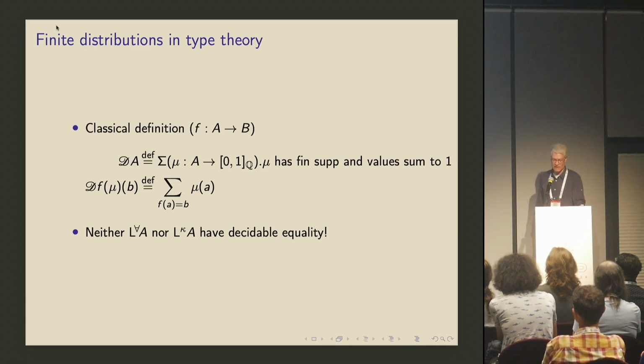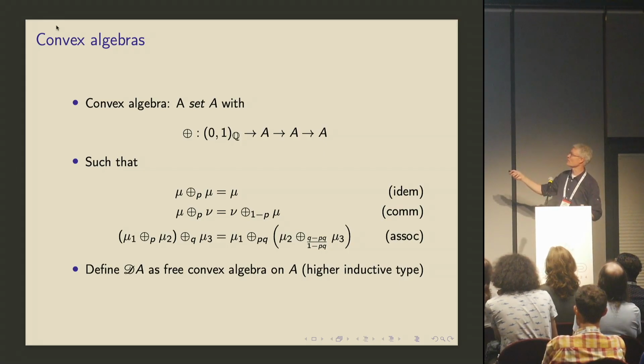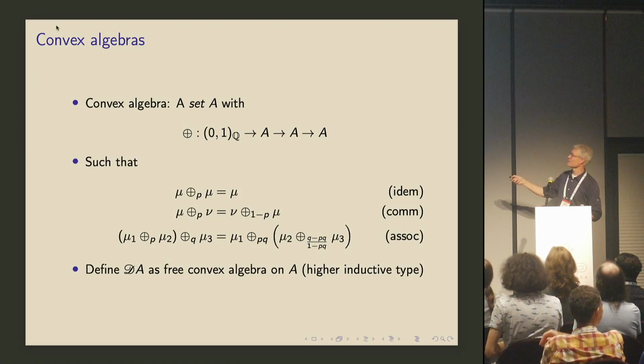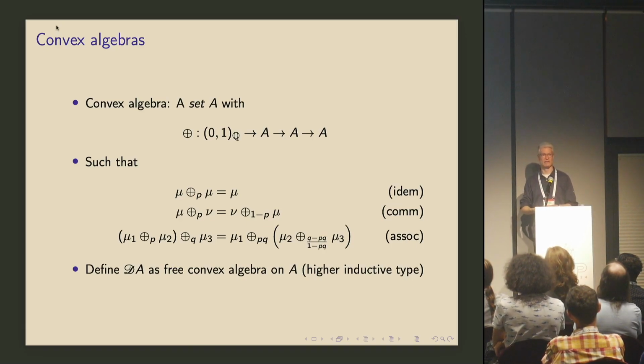So I need to do something else, and luckily there are ways around this, and one is to use convex algebras. A convex algebra is a set together with a choice operation, which takes a probability and 2 elements of A and returns an A, and you write it like this. If you read this one here, it says do mu with probability P, do nu with probability 1 minus P, just like I had in FPC.